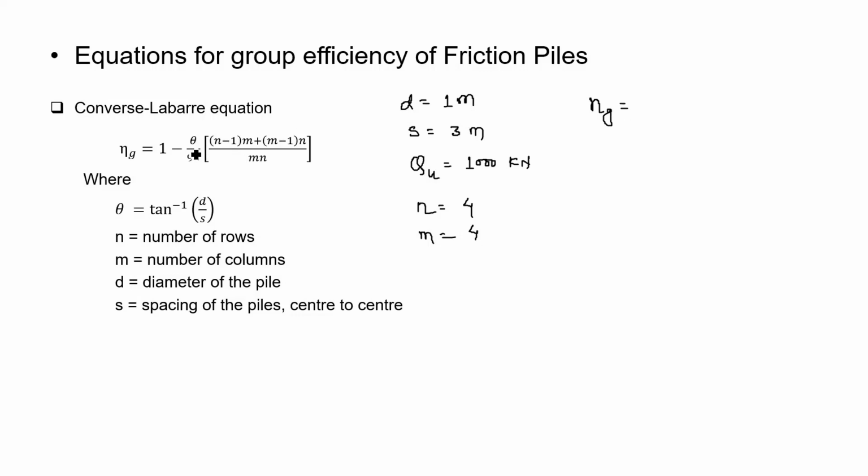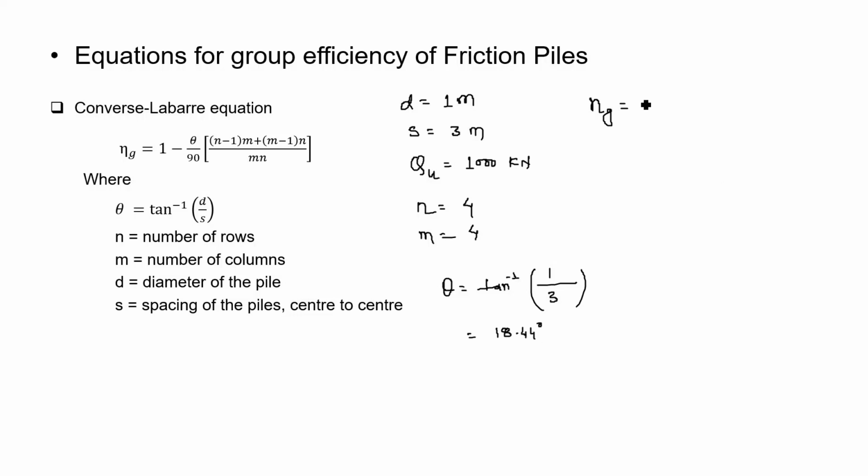First we need to compute theta. Theta equal to tan inverse d by s. Here d is the diameter which is 1 meter and s is the spacing which is 3 meter. So theta equal to tan inverse 1 by 3, which is 18.44 degree.